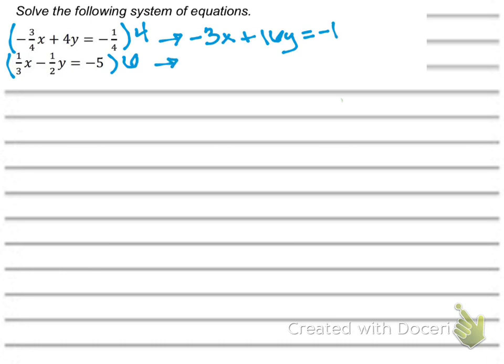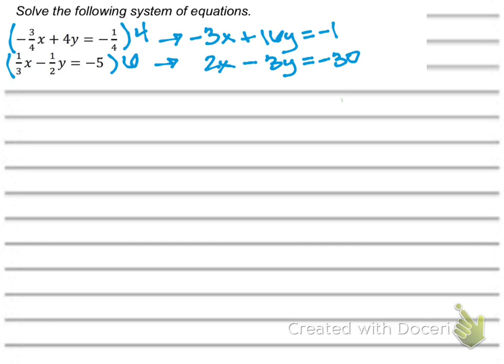And distributing the 6, let's see, 6 over 3 is going to give me 2x minus 6 over 2 is 3y equals negative 30. Cool so far? We just got rid of the fractions.